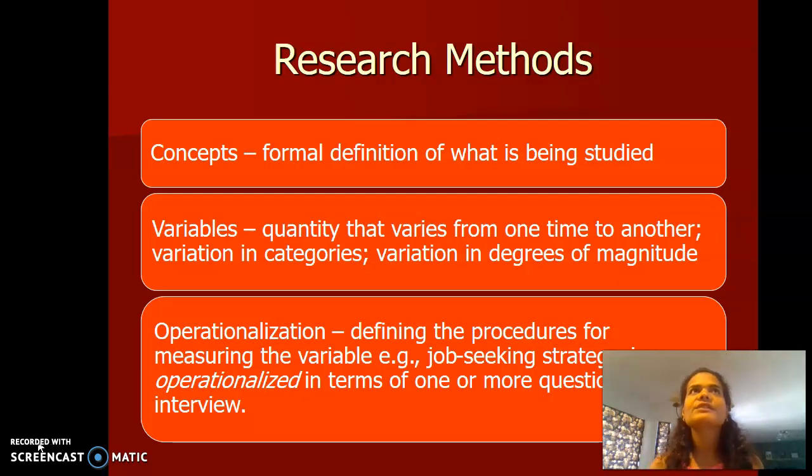So say for instance you want to study the concept of immigrant identity, immigrant acculturation. You would have to look at variables like immigrant political participation, economic assimilation, and things of that nature, right?